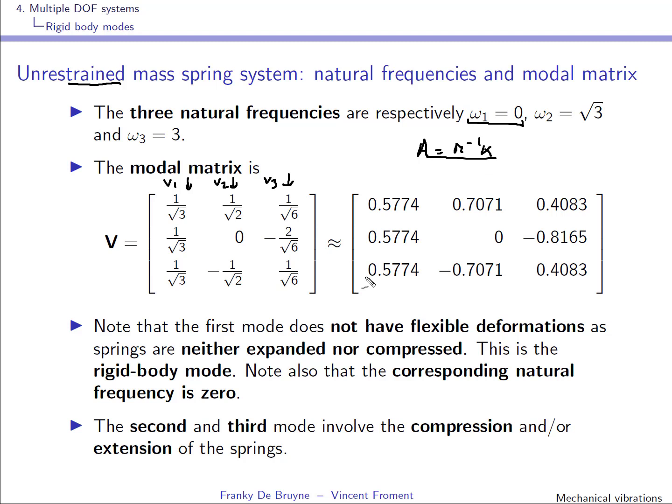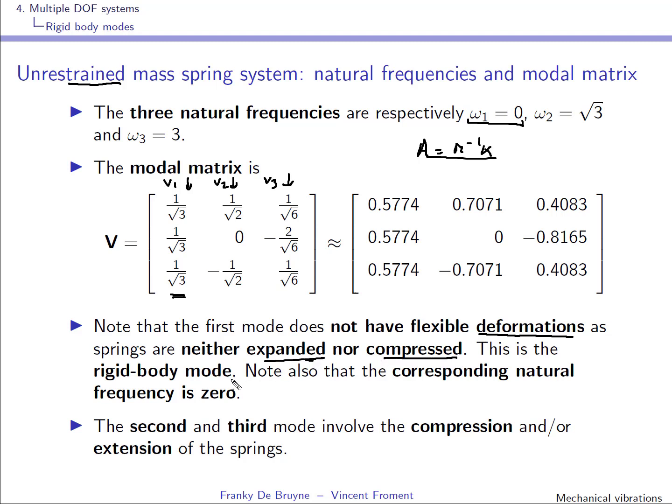And it's important to understand the interpretation of that. For this resonance frequency, you see that x1, x2 and x3 move in the same fashion. So it will not have any flexible deformation. The spring will neither be expanded nor compressed.